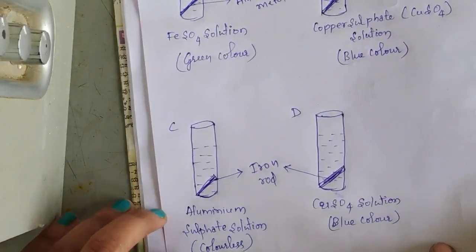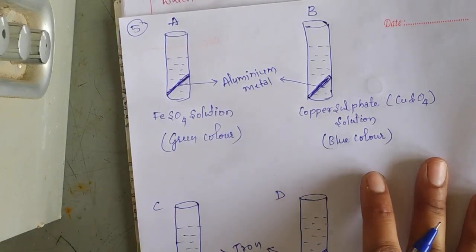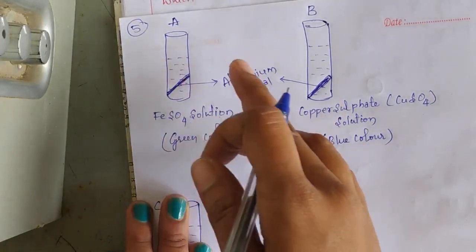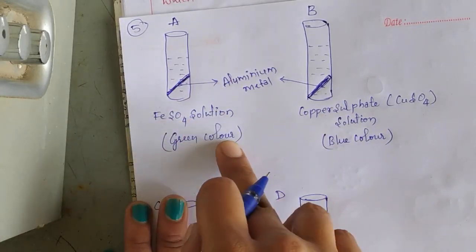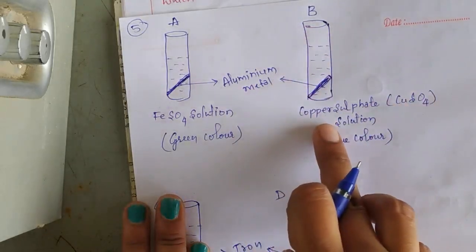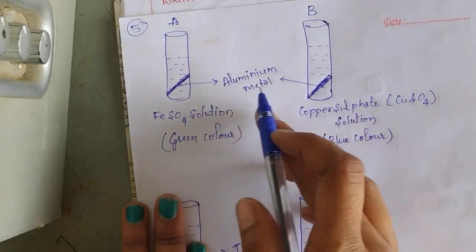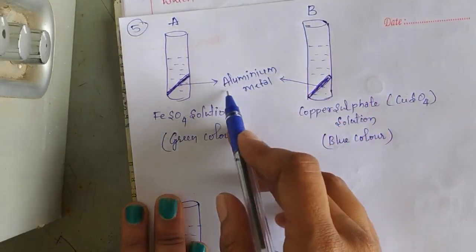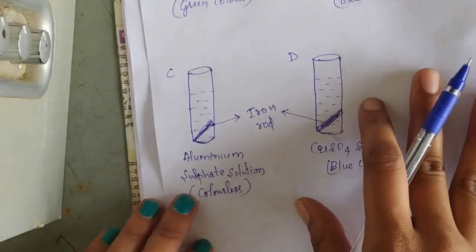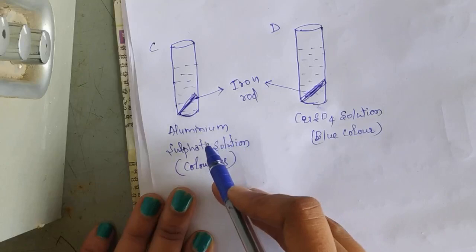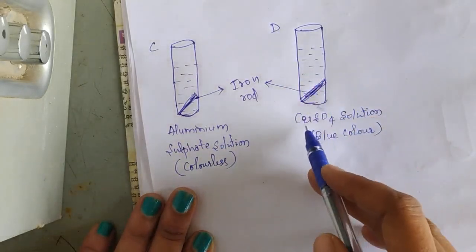A student took 4 test tubes named A, B, C and D. In test tube A, the student took ferrous sulfate solution, which is green in color, and in test tube B, copper sulfate solution, which is blue in color. In both A and B, the student placed aluminium metal. In test tube C, the student placed aluminum sulfate solution, and in test tube D, copper sulfate solution.